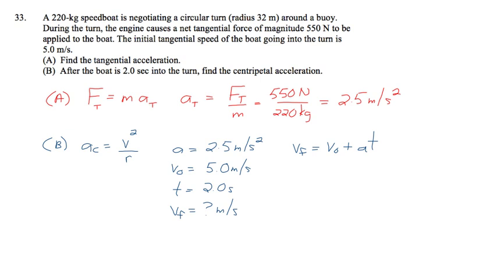Vf is going to be Vo plus at. The original velocity is 5 meters per second, and the a is 2.5 meters per second squared times 2 seconds. 2.5 times 2 is 5, and 5 and 5 is 10, so 10 meters per second. There's your final velocity. Now I've got the numbers to plug in, and I'll have my centripetal acceleration.